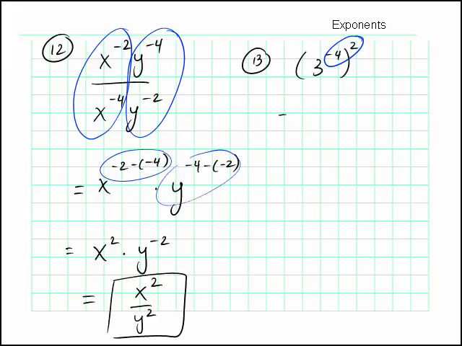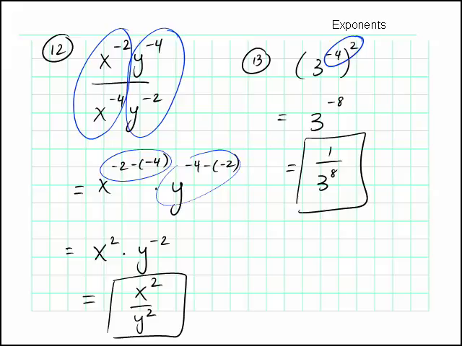And so this should be 3 to the negative 8 power, which if you write that as a positive exponent, I have to flip the 3 over. So it's 1 over 3 to the positive 8. And you could raise 3 to the 8th power, but that's a pretty large number, so I'll just leave my result like that. 1 over 3 to the 8th power.